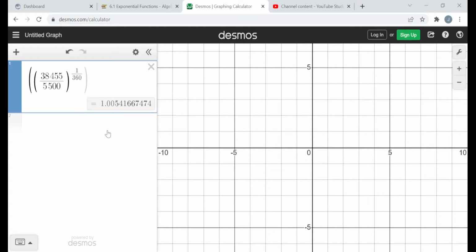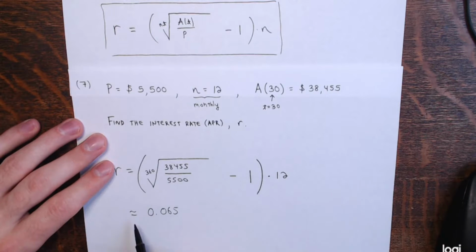That's the 360th root of A over P. And then minus 1. Then I close the parentheses there, and then times 12. All right. So about 6.5%. 0.065 is the value of r, and it's approximately 0.065, or 6.5% if I move the decimal place back to the right twice and write it as a percentage.